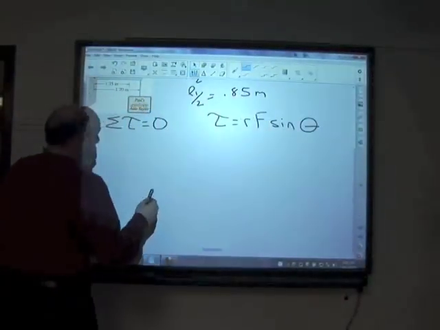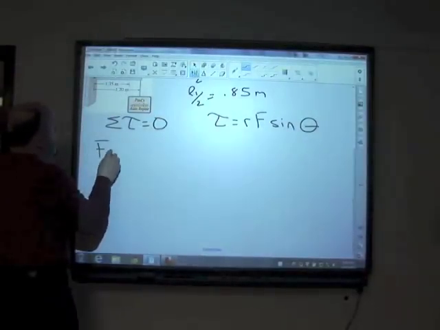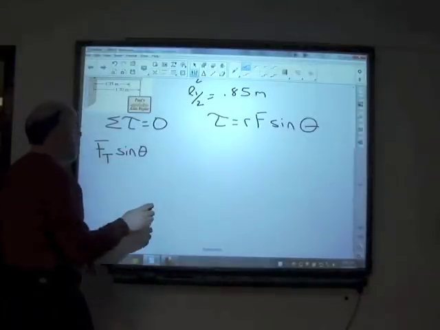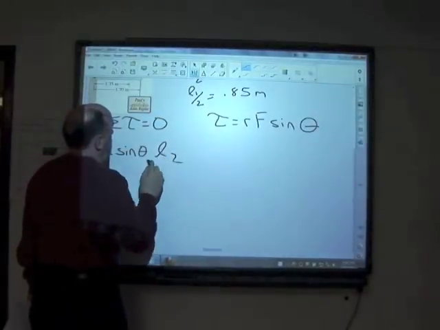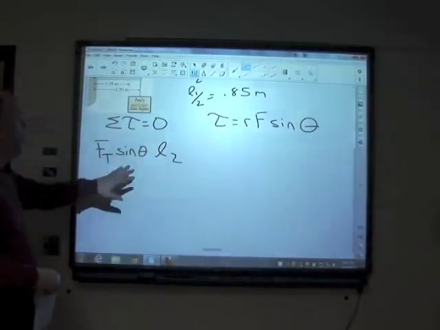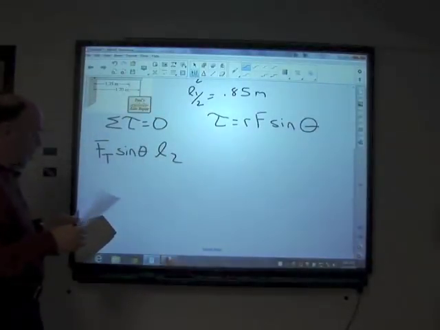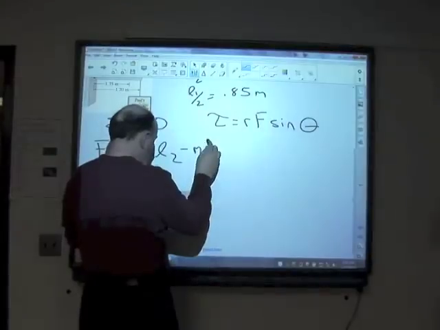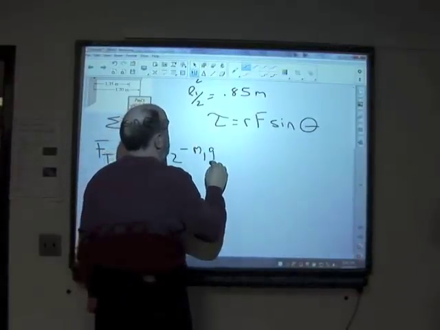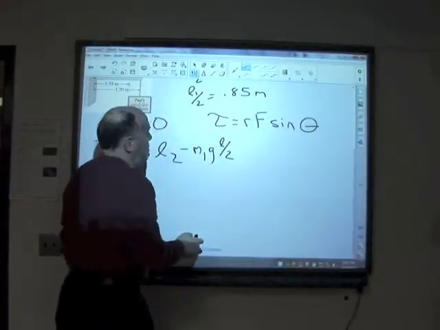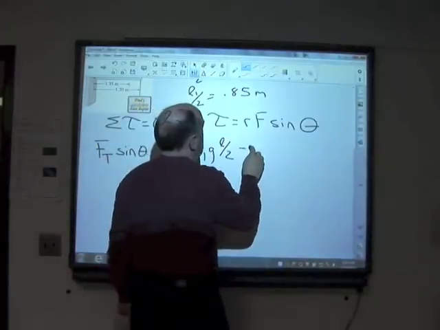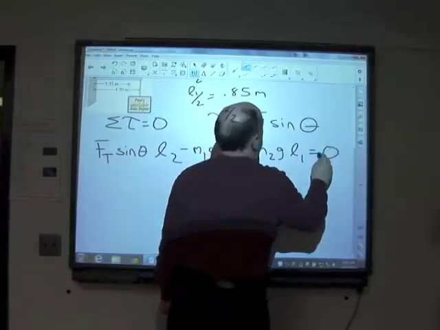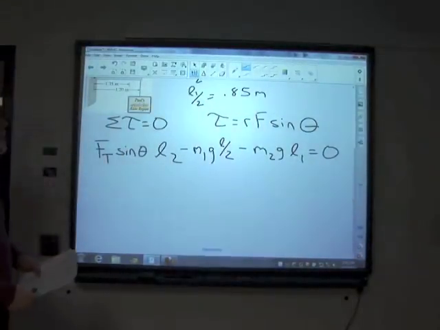So we get that the tension in the wire times sine theta times L2 will be my torque due to my wire, minus M1 times G L over 2, minus M2 times G L1.